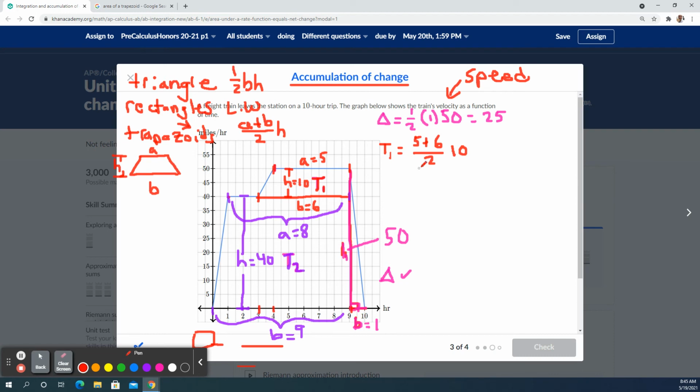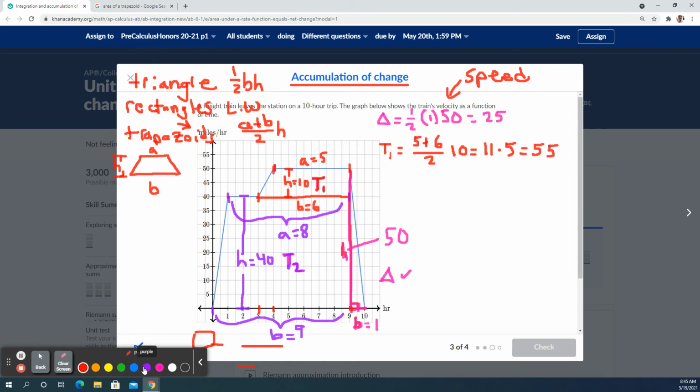Okay. 2 goes into 10 5 times. We got the 5 plus 6. So just kind of doing things in pieces here. 5 plus 6 is 11, and 2 goes into 10 5 times. I get 55 here for trapezoid 1.